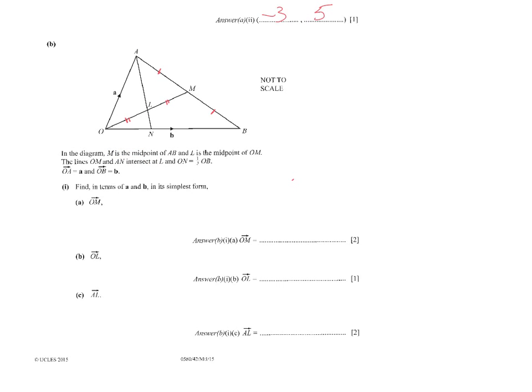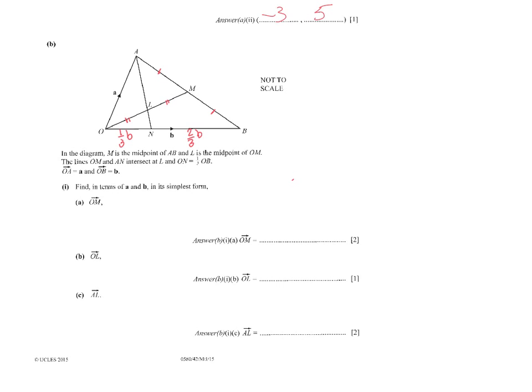Good. And AN intersects L. Yeah, I can see that. And ON is a third of OB. So if OB is B, that means that ON is a third of B, and then this part is 2/3 of B, making it B in total.